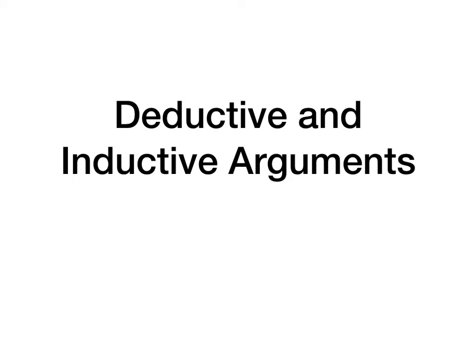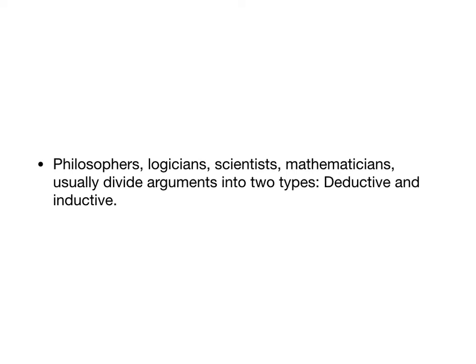So, philosophers, logicians, scientists, mathematicians, people who study argument generally divide arguments into two types, deductive and inductive. Now, there are some people who will argue there are more types of arguments. A common one people say exists beyond deductive and inductive is abductive arguments. I don't know if this is true or not.